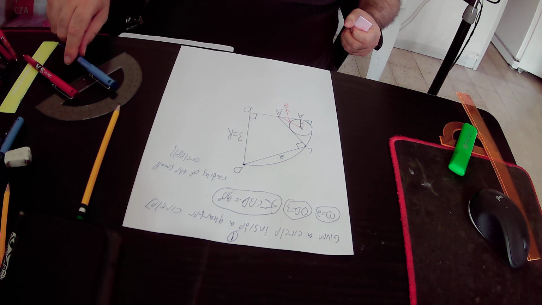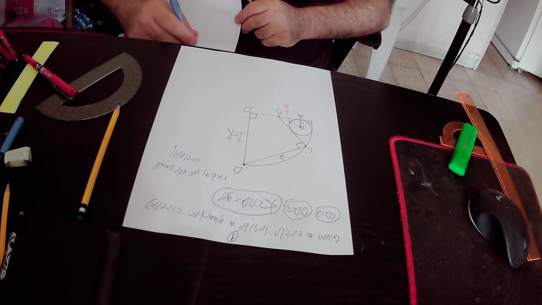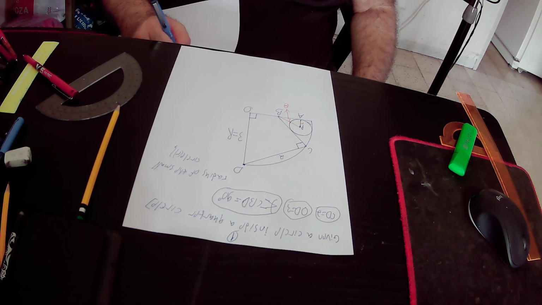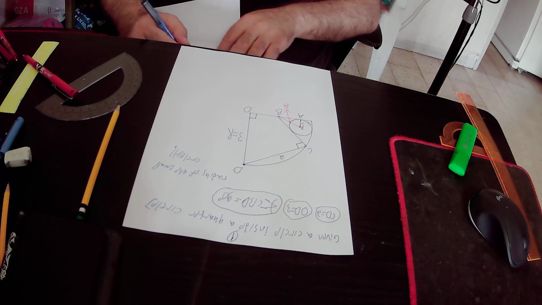And we have the rule that the radius and the tangent to the radius are perpendicular to each other.